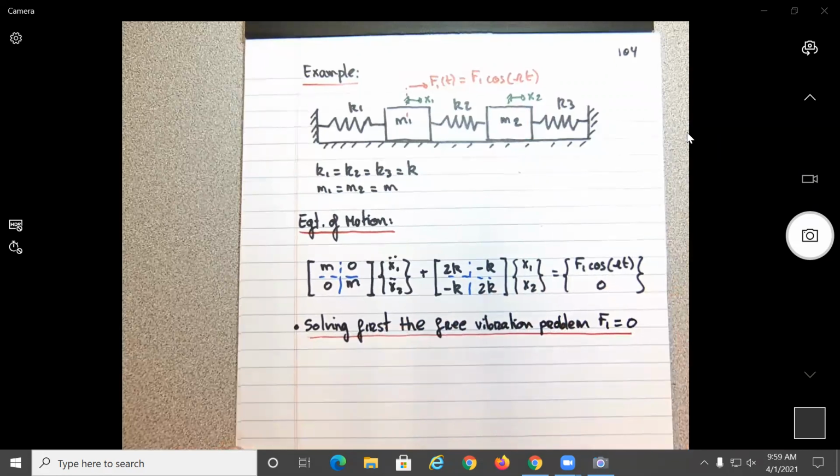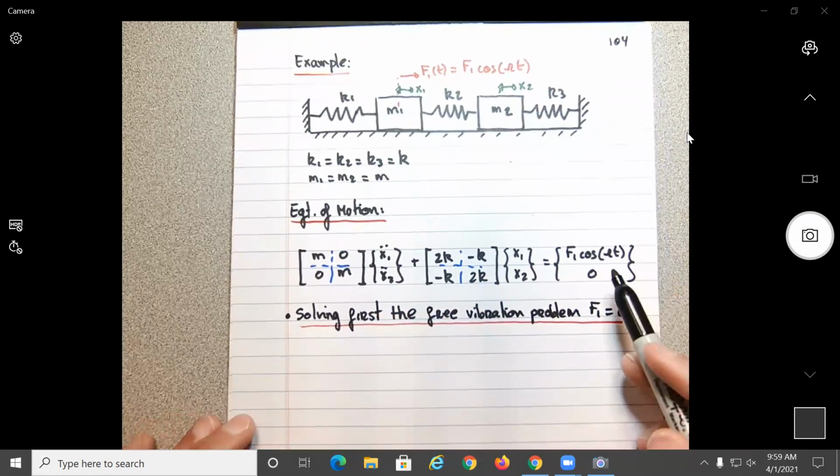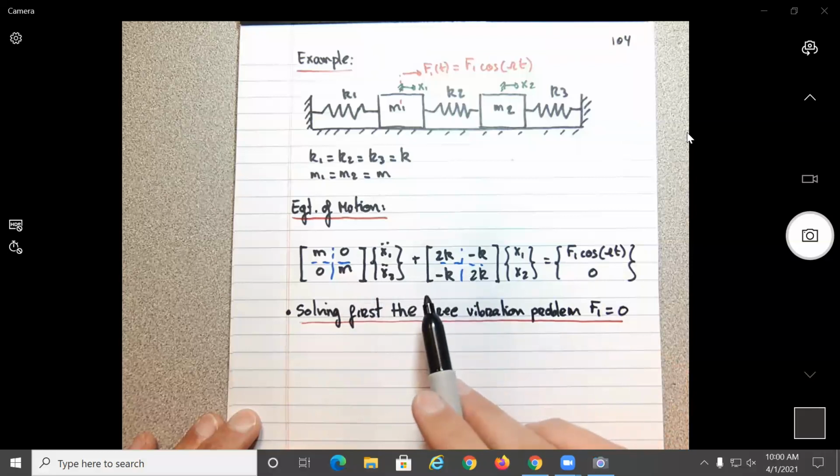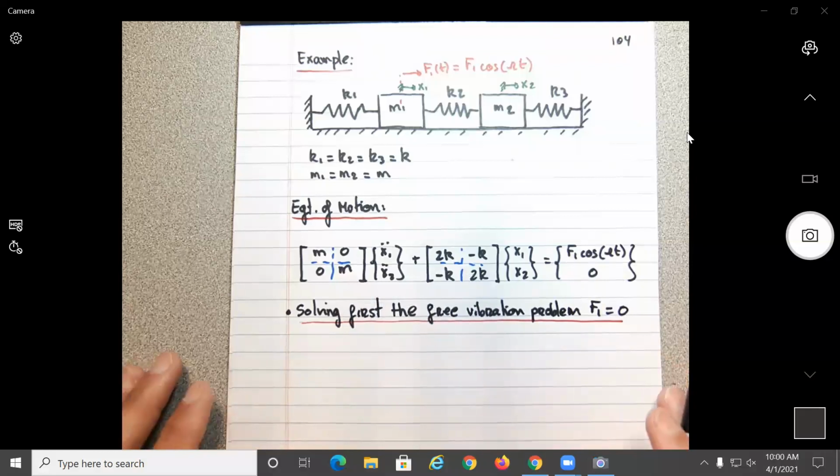Why do we first solve the free vibration problem? Because if we want to solve the forced problem, we need to have here the natural frequencies, no? Okay. All right, so that's basically the reason.